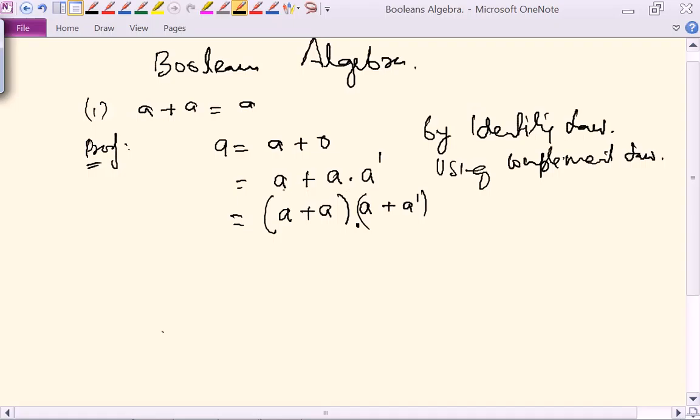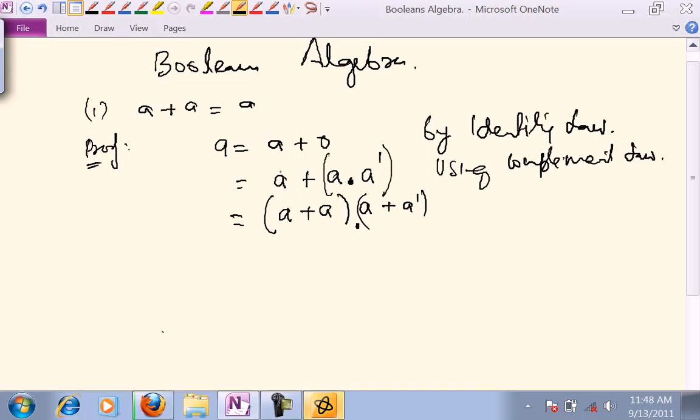First I say a or a, multiply a with this, then and, then multiply this a with a complement, ORing in between. So basically we have this stuff, right? I'm putting a into this, then putting a into a complement. Very simple. This is using the distributive law.